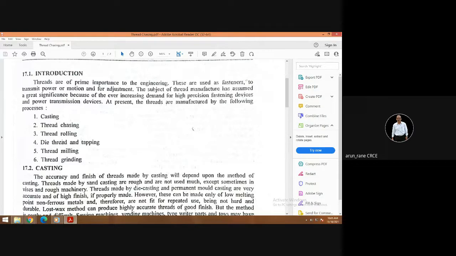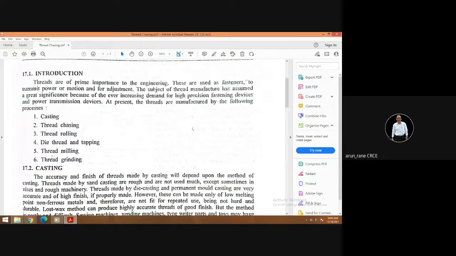Thread rolling you have a separate, dedicated machine. Then die threading and tapping, that is what most plumbers use, the dies for external thread cutting. Then tapping is done manually with the help of taps.